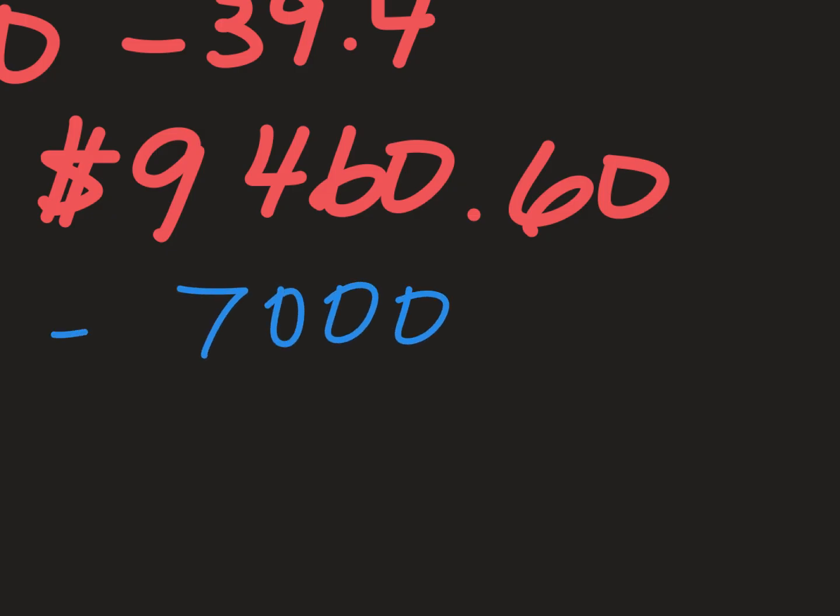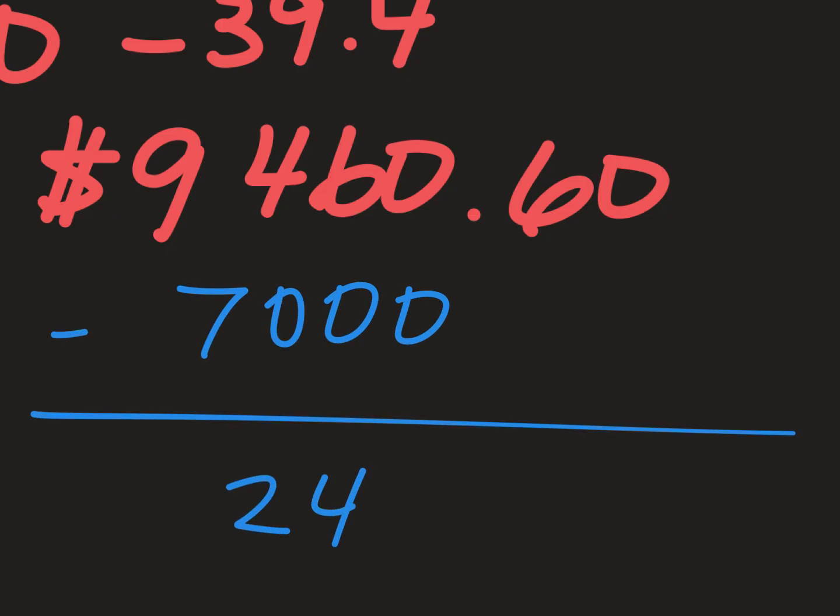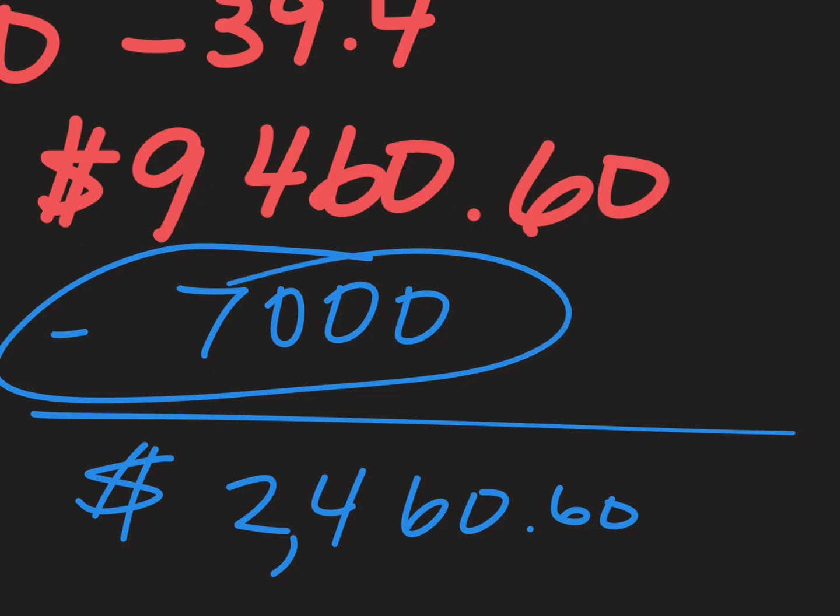So you just subtract the $7,000 and you get $2,460.60, $2,460 of interest. So do you get that it cost you more because of interest? So you just subtract off how much it should cost. Does that make sense? All right.